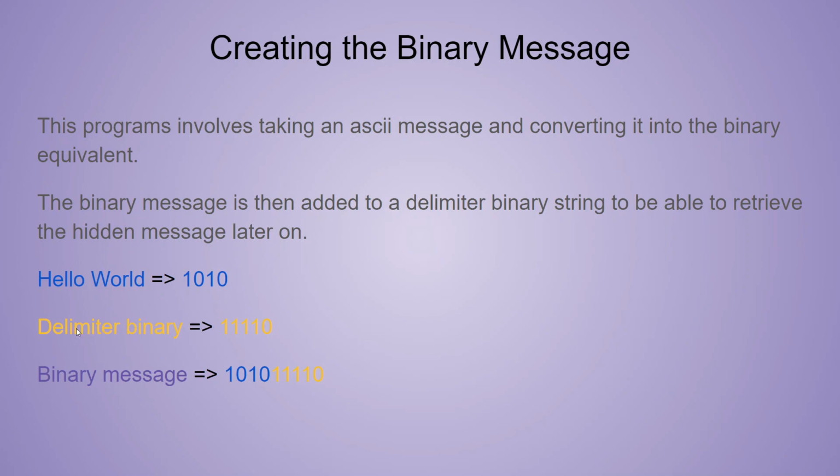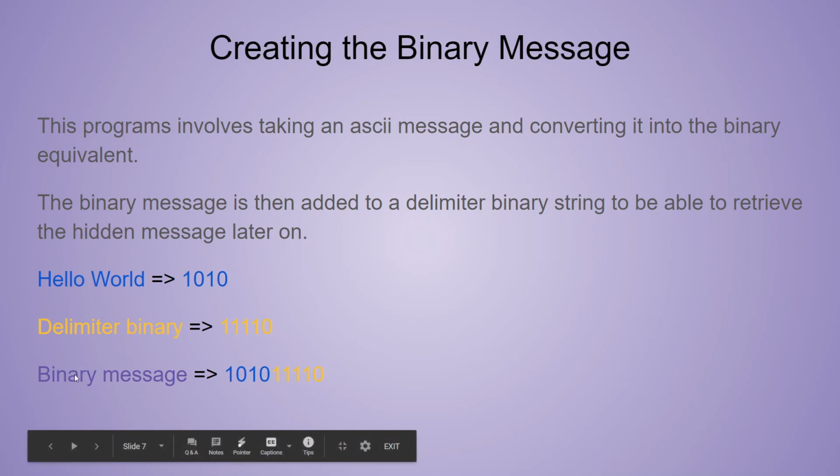Let's say we set the delimiter to these 4 ones and 1 zero. Then when we create the binary message, we take this line of binary and tack on the delimiter binary to create our binary message that we see here, 1 0 1 0, followed by the 4 ones and the 1 0 of our delimiter.